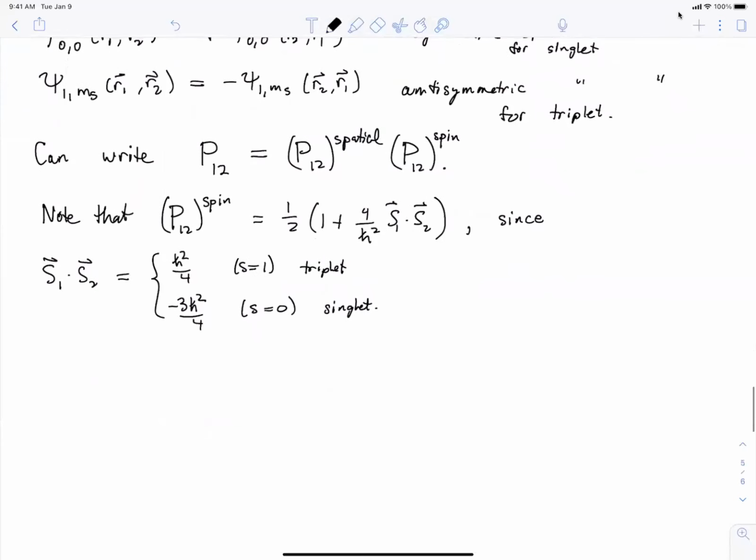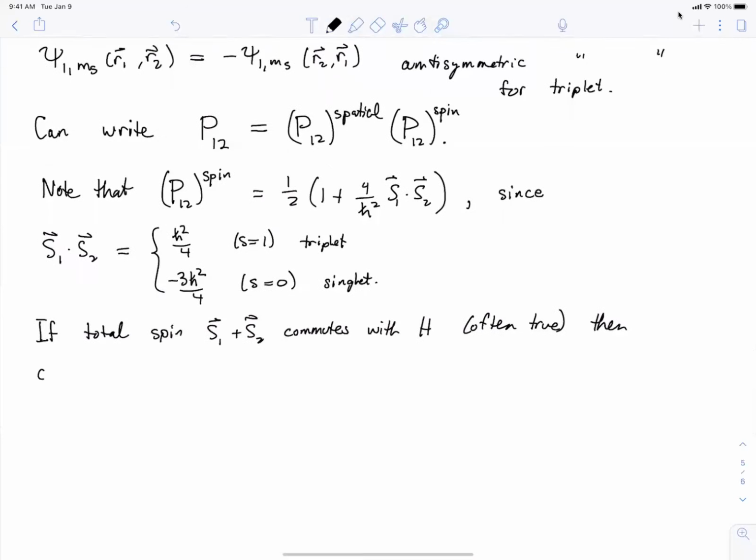Okay, now one of the reasons we care about this is what happens if the total spin commutes with a Hamiltonian, which is often true, but not always. So if total spin S1 plus S2 commutes with the hydrogen atom, all right, often true, then since we have two operators that commute, we can choose our eigenstates to be eigenstates of both at the same time.